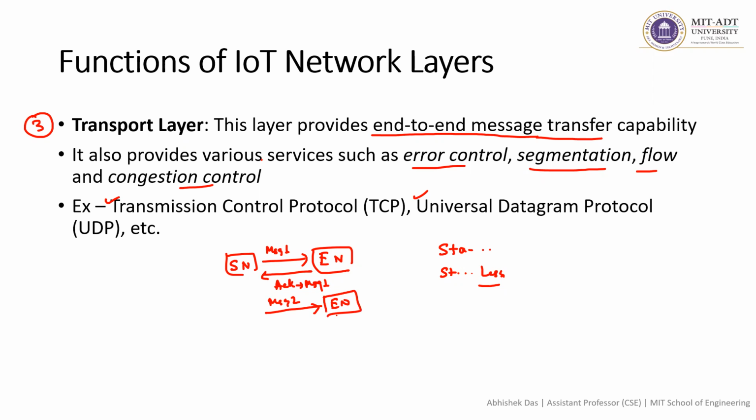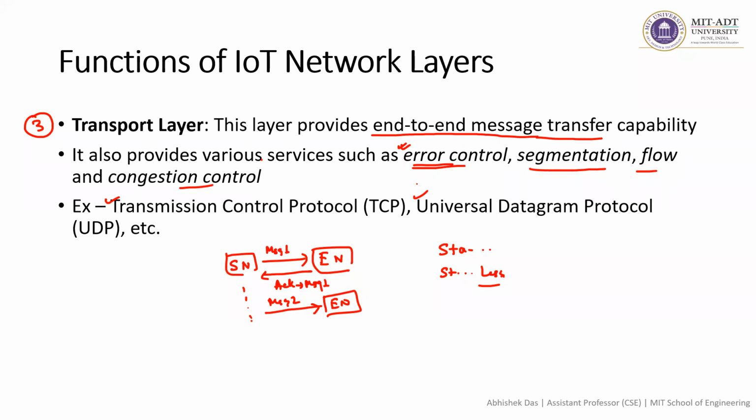The starting node will wait for the ending node to send an acknowledgement message, and only then will it send another message. So it helps in efficient communication between the different nodes, right? That is what defines error control.